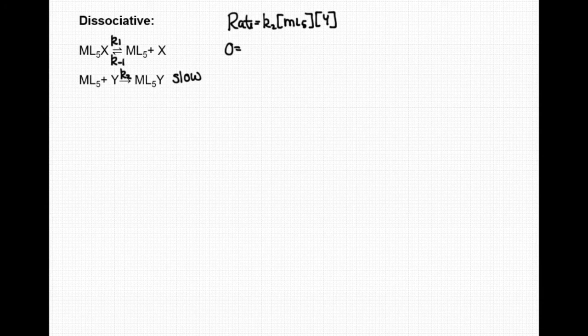So the rate of formation of ML5, k1 times [ML5X], the rate law for the forward reaction, minus the rate law for the reverse reaction in the first step, which will be k-1 times [ML5] times [X], the leaving ligand, minus the decomposition of ML5 in the second step when it forms the complex with Y.